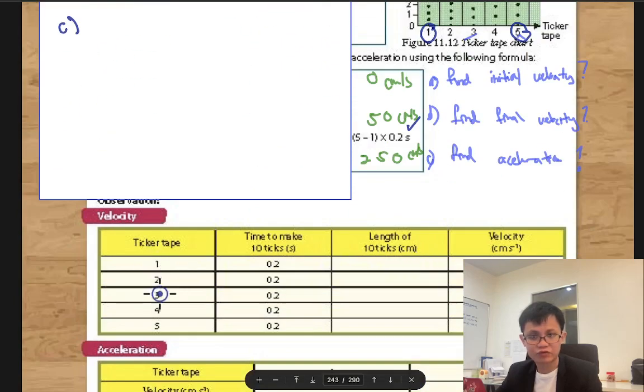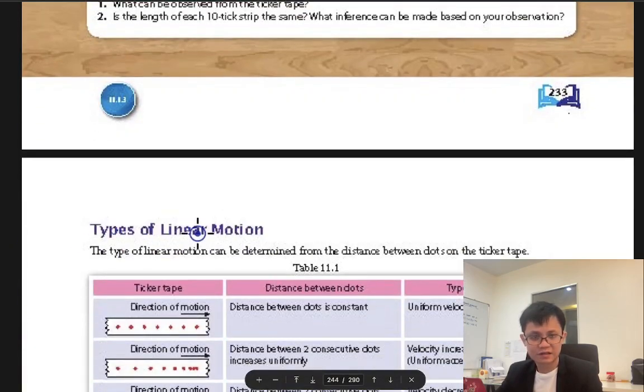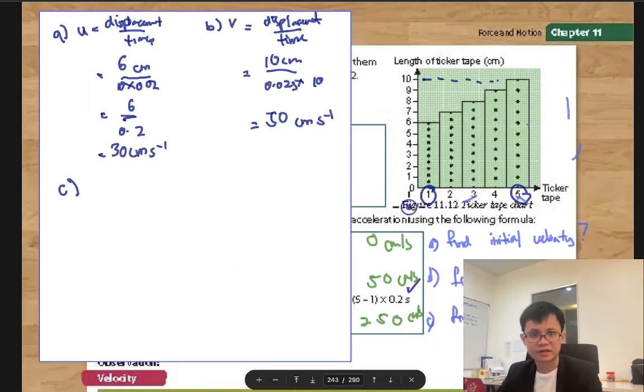Ticker tape 1, 2, 3, 4, 5. I think we always start measuring with the first one. This one is the initial velocity, unless it's stated in the question it starts from rest.